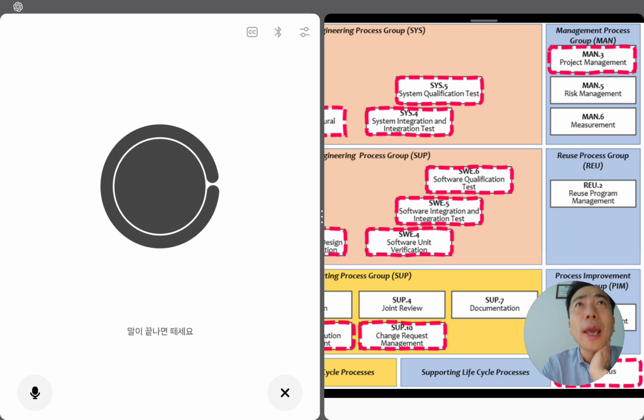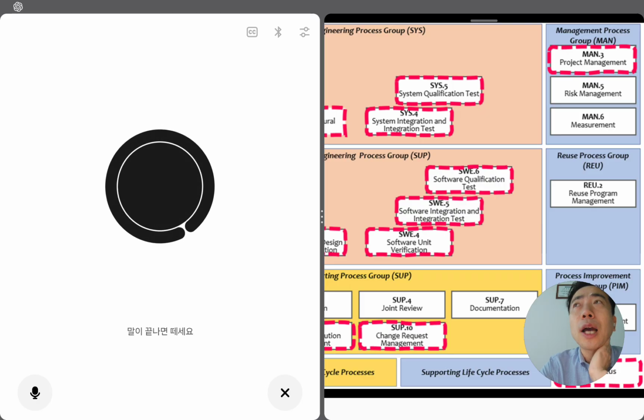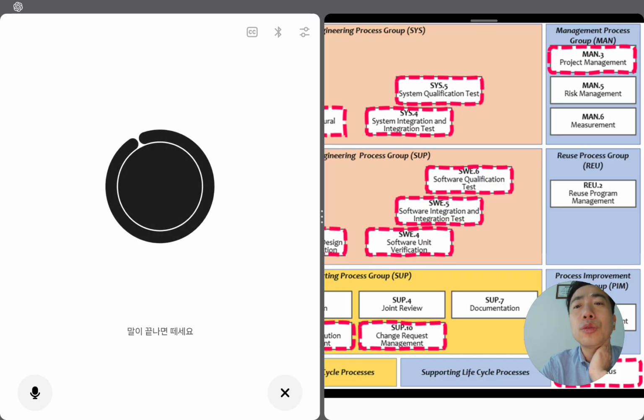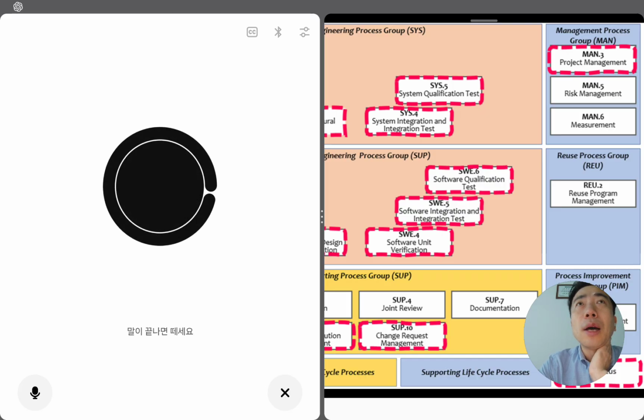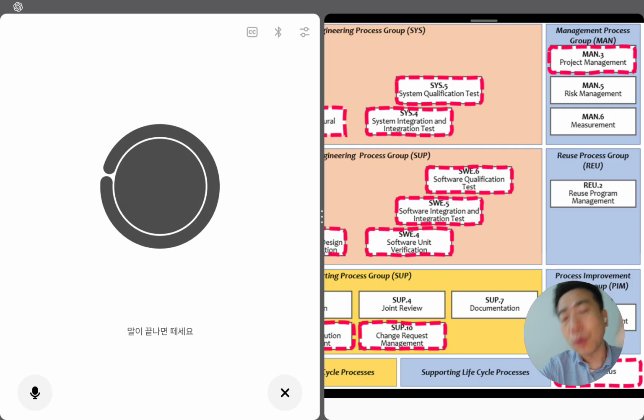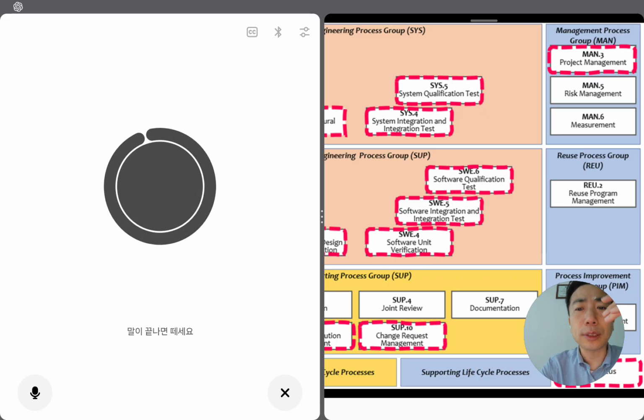This year I took the PRM role. However, two years later, maybe I need to take the PM role for MAN 3. So I need to review and memorize this whole process completely.